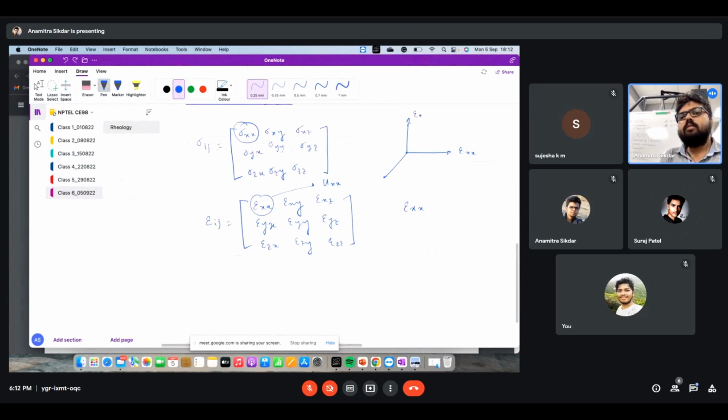Along this axis it will be eyy, and on this axis it will be the strain. It doesn't matter where you put this, but they all have the orthogonal relationship, right? So the ratio between that, with the negative sign, is basically defined as the Poisson's ratio, right?